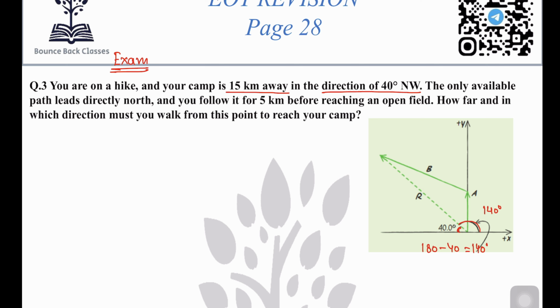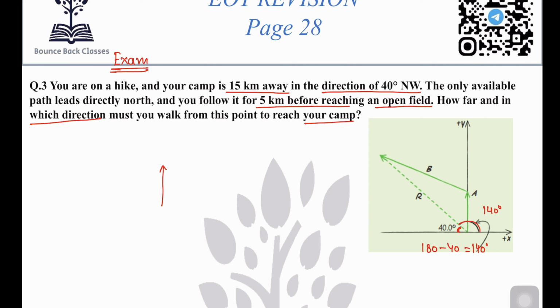The only available path leads directly north. You will follow it for 5 kilometers before reaching an open field. How far and in which direction, meaning the magnitude and direction, to reach your camp? First try to understand.